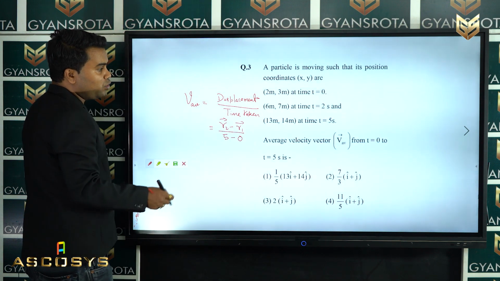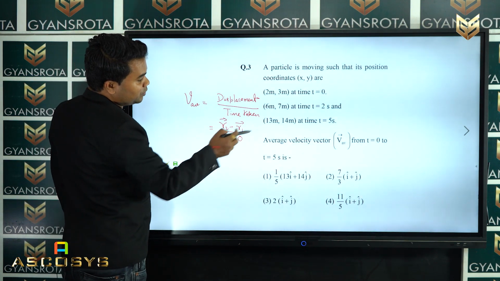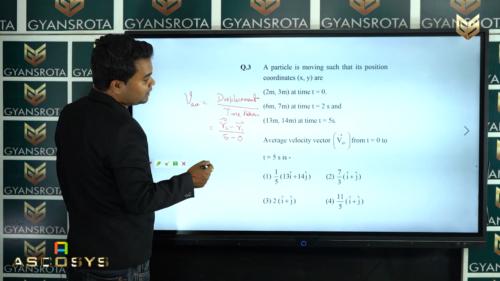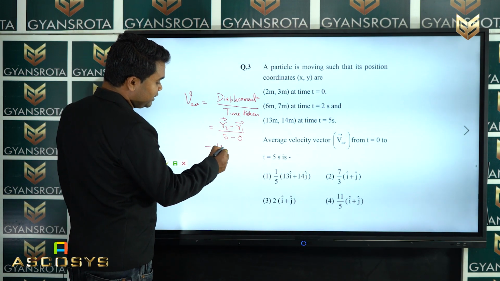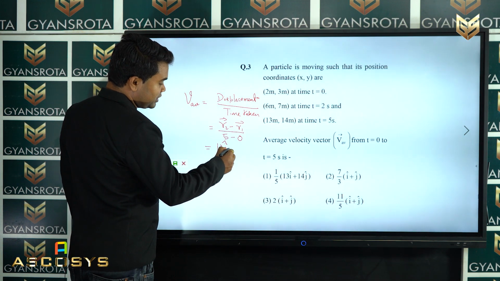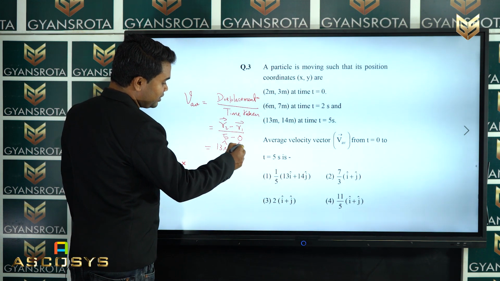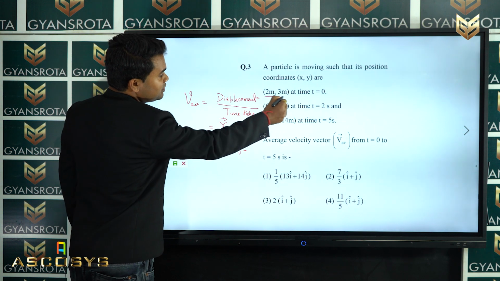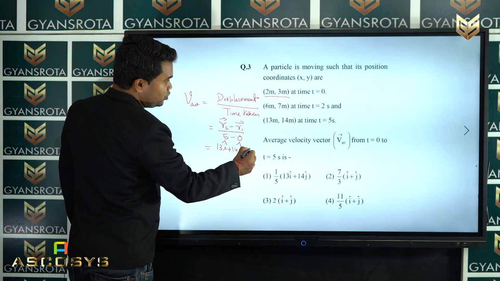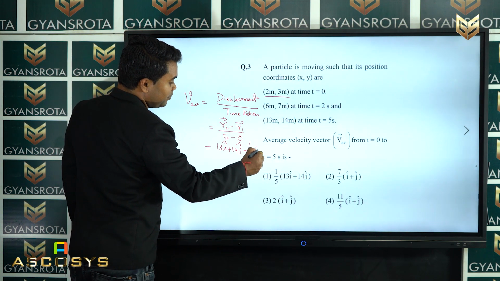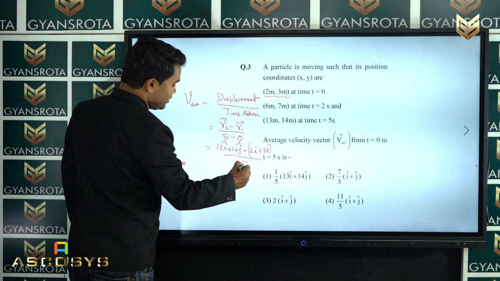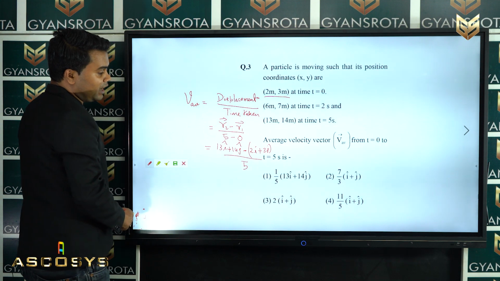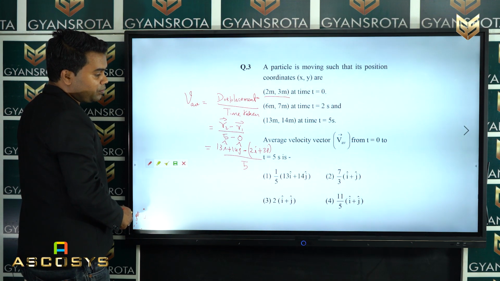So you have the value of r2, that is 13 meter and 14 meter. So you will do it in this way, 13 i cap plus 14 j cap minus r1, which is 2 i cap plus 3 j cap, divided by 5. If you solve this one, your correct answer will come out to be how much?